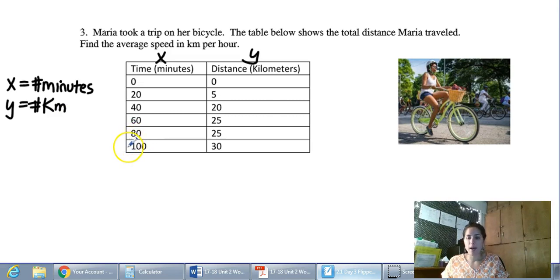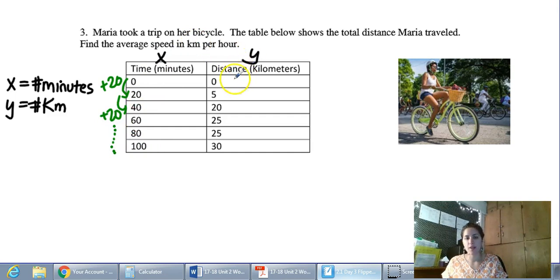Now, in terms of it mattering how many points I choose, let's see if this is counting by a constant value. To get from 0 to 20, I add 20. 20 plus 20 is 40, plus 20 is 60, plus 20 is 80, plus 20 is 100. So this is plus 20 all the way down, which means that the data is being taken every 20 minutes.